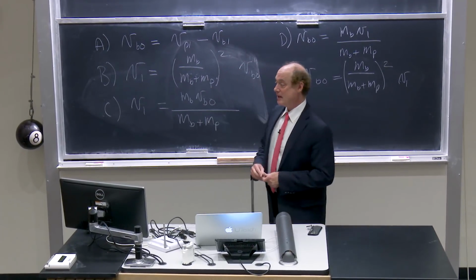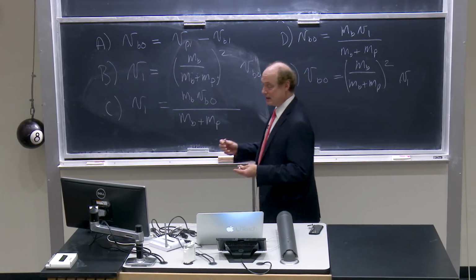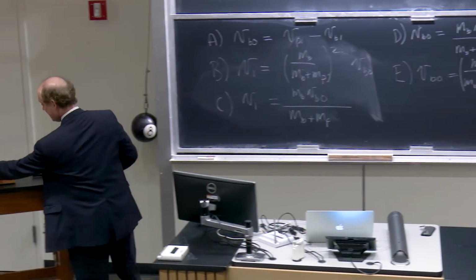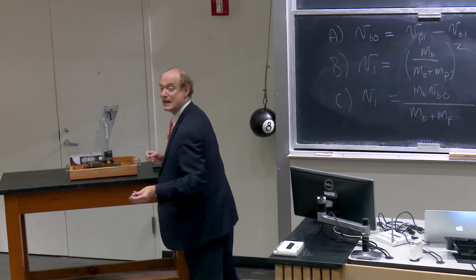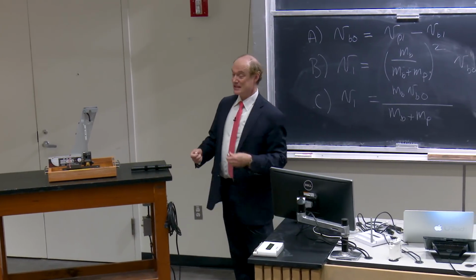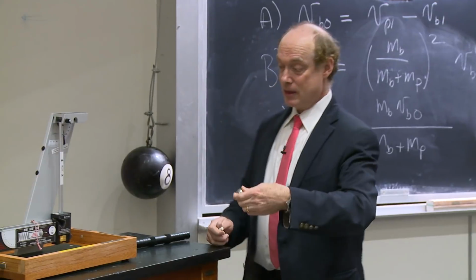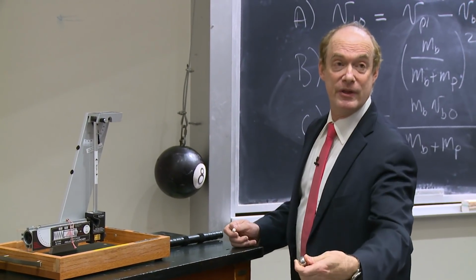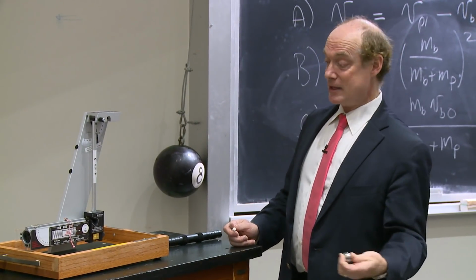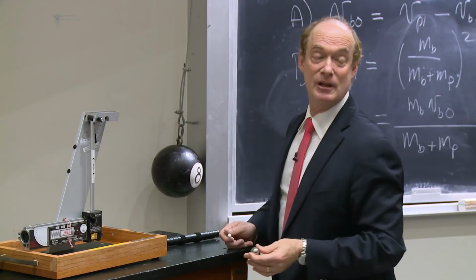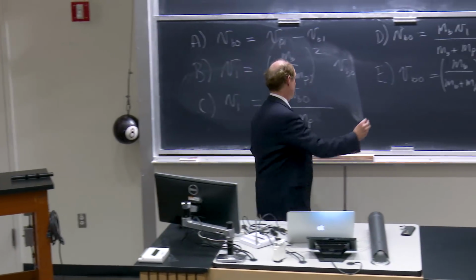The concept that explains what happens when the ball hits this pendulum is conservation of momentum. It's an inelastic collision. The momentum of the ball prior to the collision equals the momentum of the ball and the pendulum just after the collision.